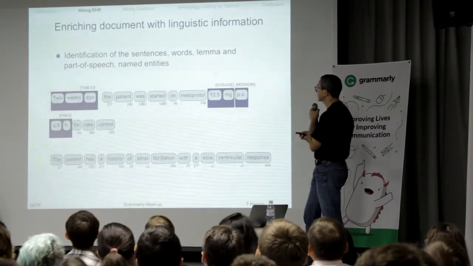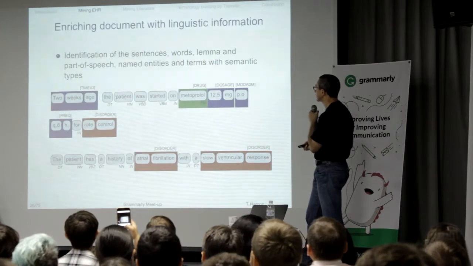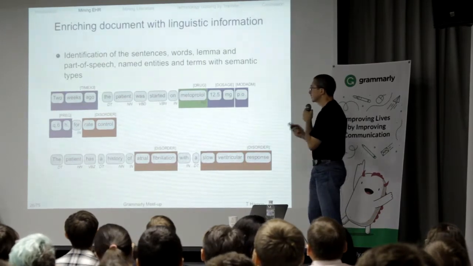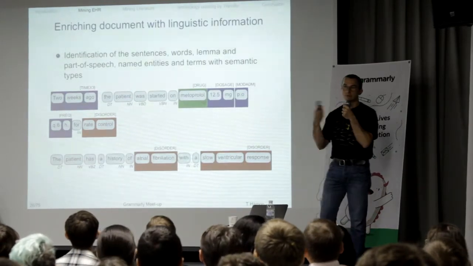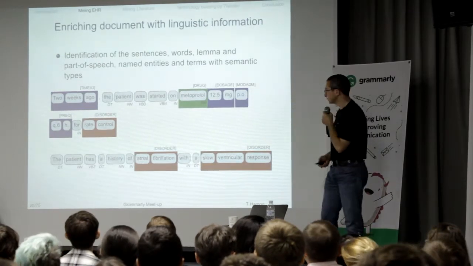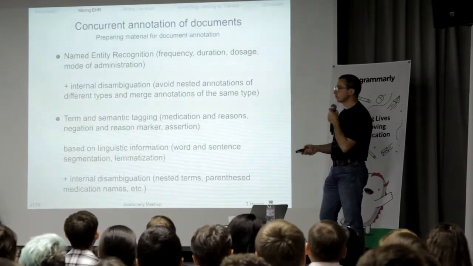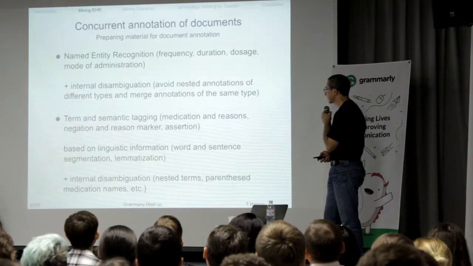We also identify some named entities and also terms with semantic types. This information comes from regular expressions, from terminologies, and so on. And we developed internal disambiguation to correct this kind of thing.